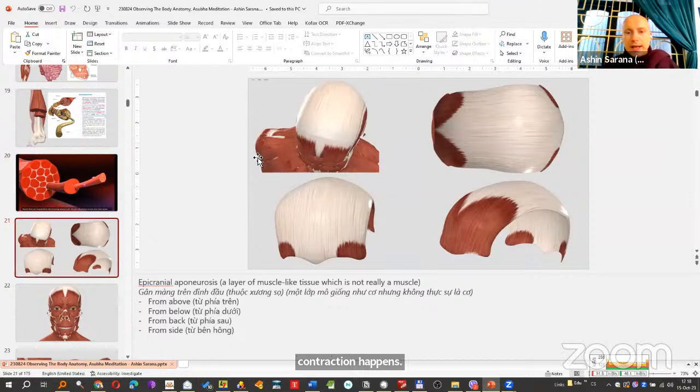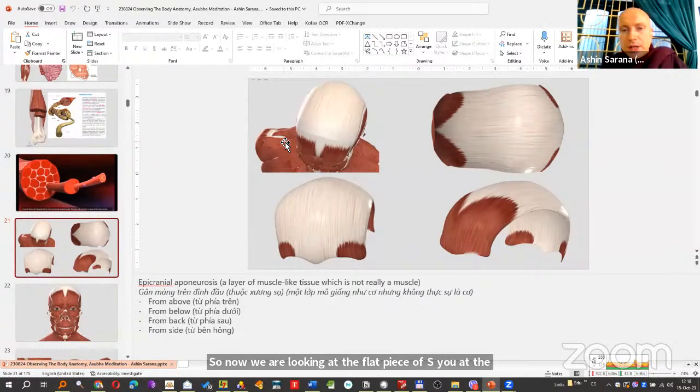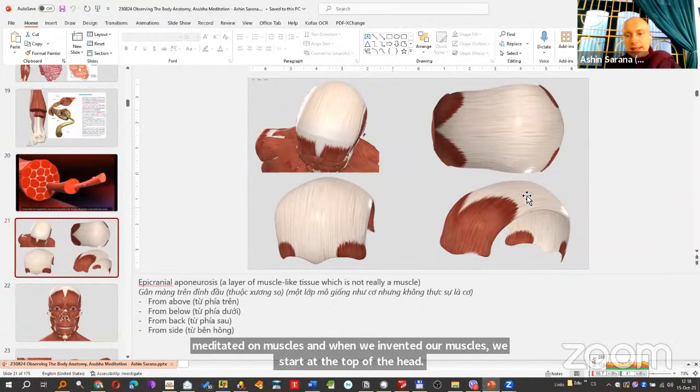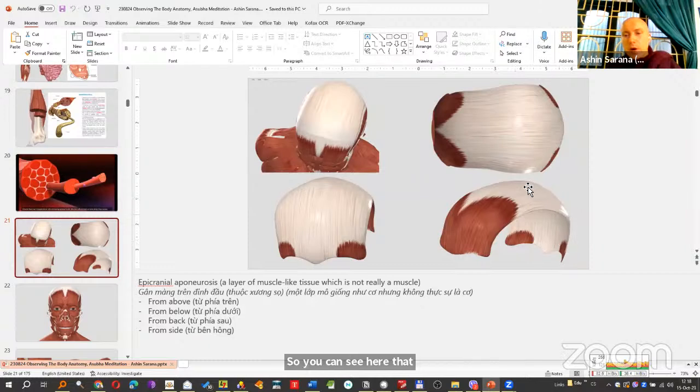So now we are looking at the flat piece of sinew at the top of the head. Maybe you remember that when we meditate on muscles, we start at the top of the head. You can see here that the white portion is the sinew, and the red portion is the muscle. But as you probably can realize, that is the forehead, right? So we do not really have a muscle at the top of the head.